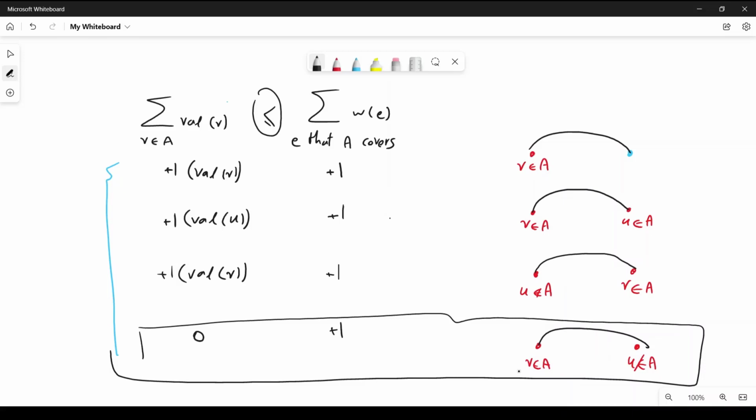We would not have this case when all vertices of S are red and all vertices of S prime are blue, because this is a vertex which is a posterior neighbor of a vertex of S, and it's not in S itself, so it should be blue. This is a vertex of S prime, so it should be blue. So we do not have this case, and then the inequality would be an equality, and so we're done.